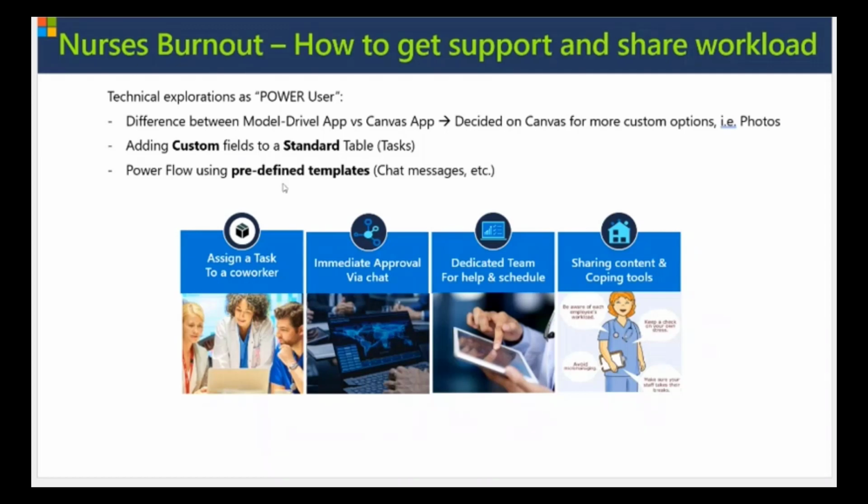So we integrated the approval directly into a chat. And we also created a dedicated team where we can chat with our coworkers to ask for help. Hey, can you help me with this task? I cannot make it today.